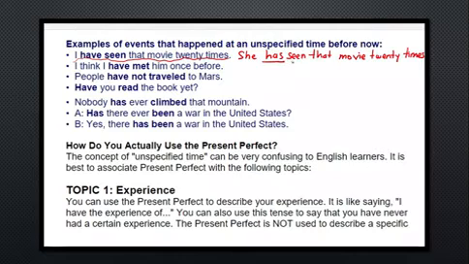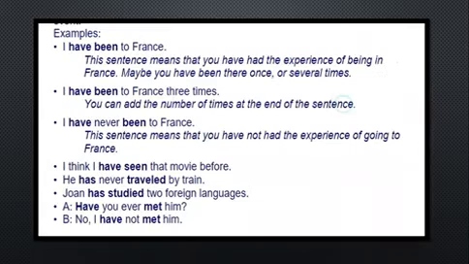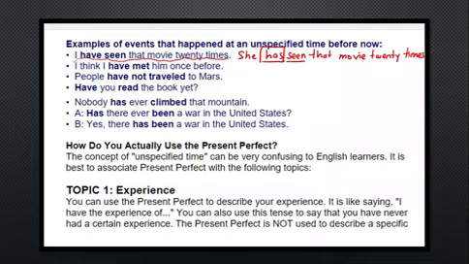Look, just change the auxiliary. Why? It changed when I changed the pronoun. The auxiliary depends on the pronoun. Vamos a cambiar el auxiliar dependiendo del pronombre, ¿ok?